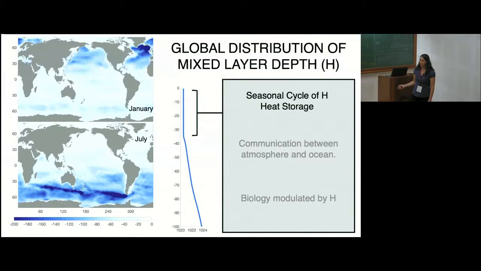And I apologize for not picking months that highlight the seasonality of mixed layer depth in the Bay of Bengal, but there is a seasonality there, but we can see from these images that generally the mixed layer in the Bay of Bengal is pretty shallow compared to other regions of the ocean, and that can have some large impacts on the air-sea interaction.